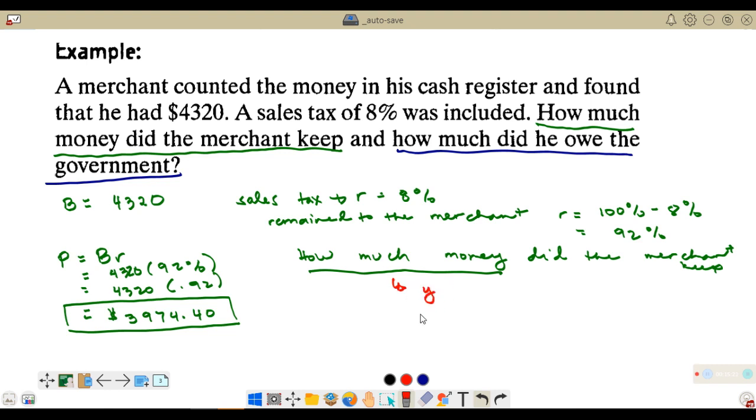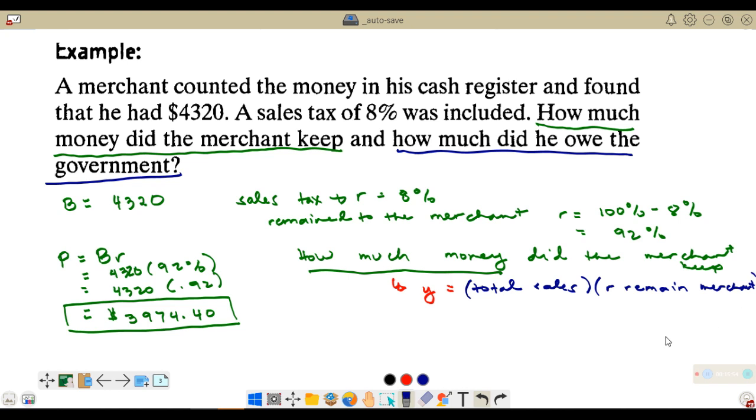We have y. So, y is equal to the total sales times rate na nag-remain kay merchant.